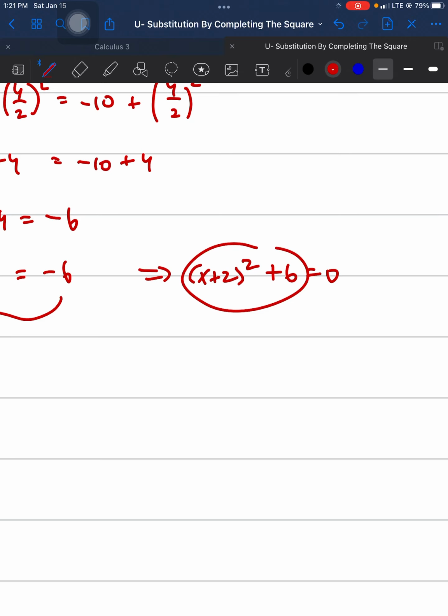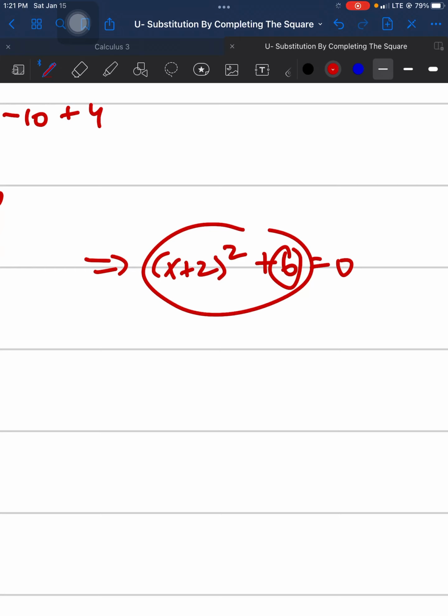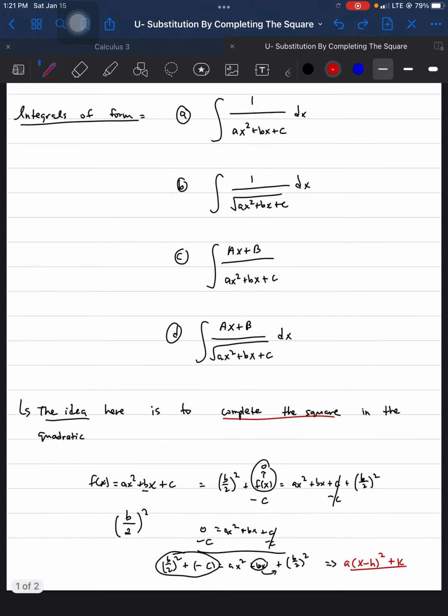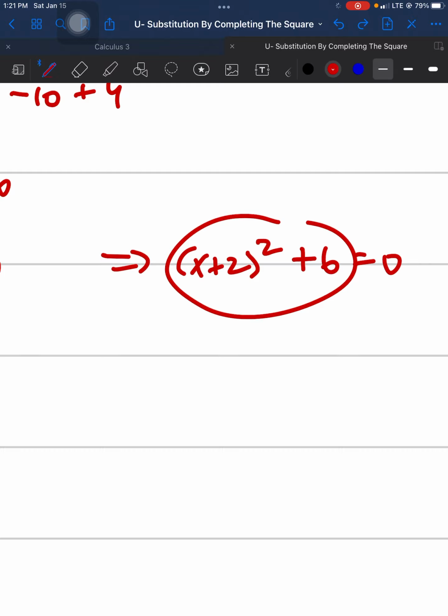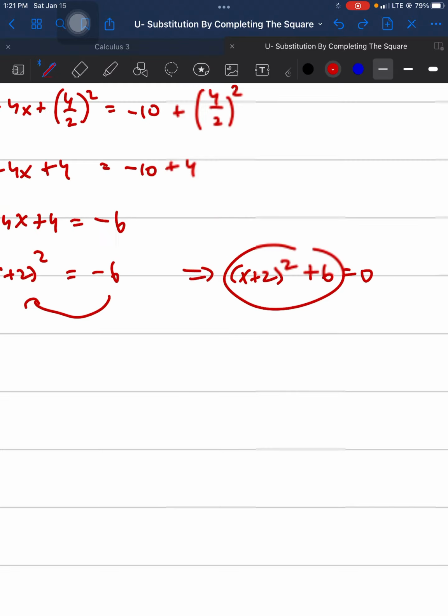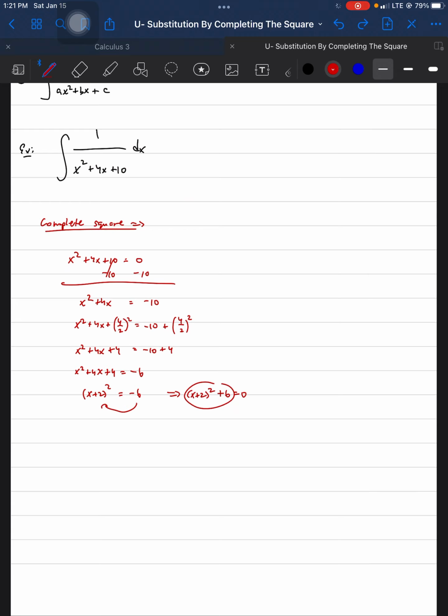So we're in that form, a times (x minus h) squared plus k, right? K is positive 6. A is 1, and then h is, let's see, h is negative 2. So now that we completed the square, we can continue integrating.